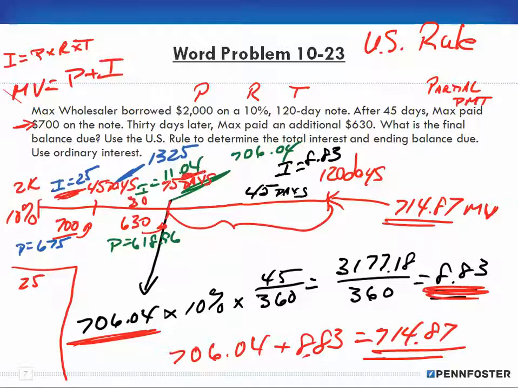It was the 11.04 here, and it's this 8.83 here. $25 for 45 days, 11.04 for the next 30, and $8.83 for the 45 days. Okay, so the total of those three is $44.87. So that's my total interest.